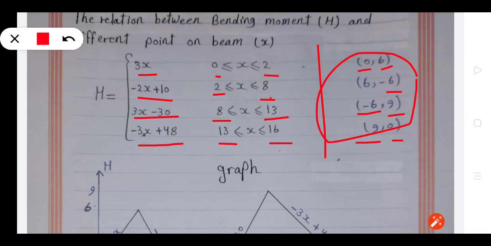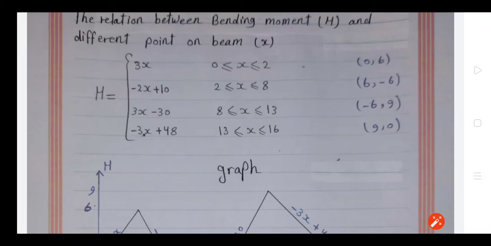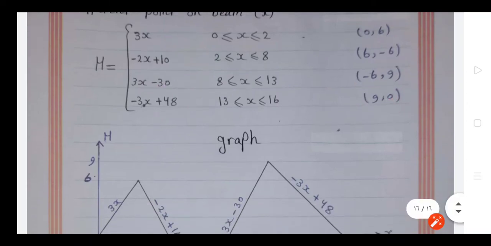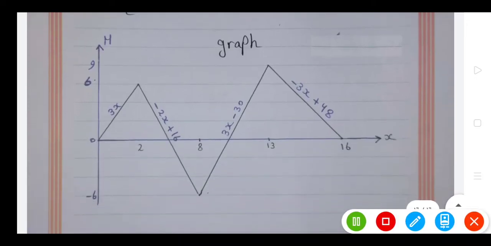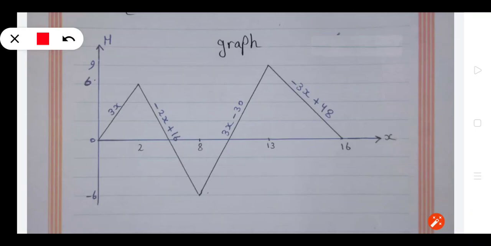To draw the graph, M1 and M2 and M3 and M4 are linear functions. First, 0 and 0, 2 and 6, and match 2 points.